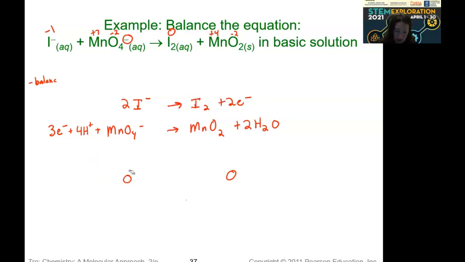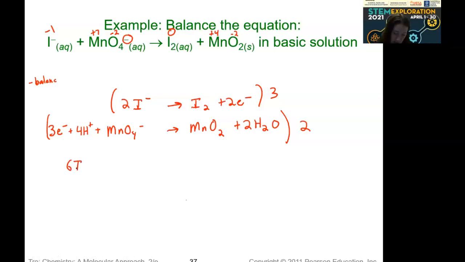The next step, multiply to make the electrons the same on both sides. So we need the electrons to fall out. So we're going to multiply this one by 3 and this one by 2. So both of our electrons are 6. Ends up being the same as we just did. So this is 6. I'm just going to rewrite this here. Try to write this nicely for you.